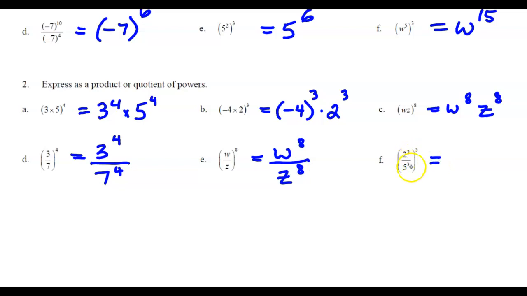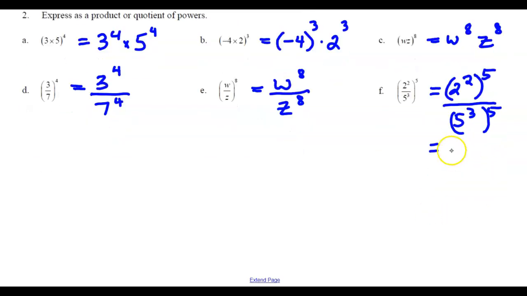Okay, and then here, we've got 2, so basically, if I do this in 2 steps, I've got 2 squared to the 5th over 5 cubed to the 5th, and then use the power laws for that. Okay, so that would be 2 to the 10 over 5 to the 15. You can do that all in one step if you're good with that. Okay. So those are the basic laws. Let's turn over the page.